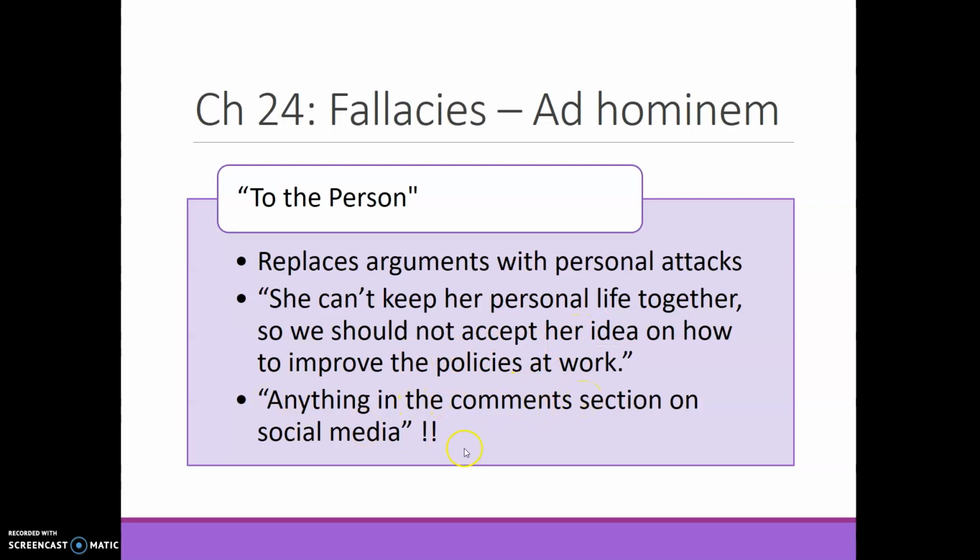And it's also anything in the comments section on social media. Rarely ever is anybody on social media actually attacking a policy with logic and reasoning and warrants and claims. They're usually just attacking the person, which really comes from just weakness. You really should try to avoid doing this too, because it just makes you seem weak. It's like you can't come up with anything better than just to attack the other person.